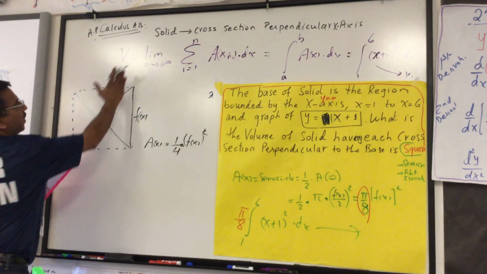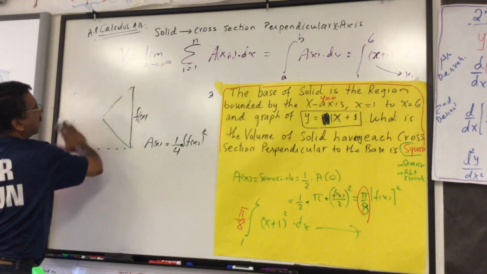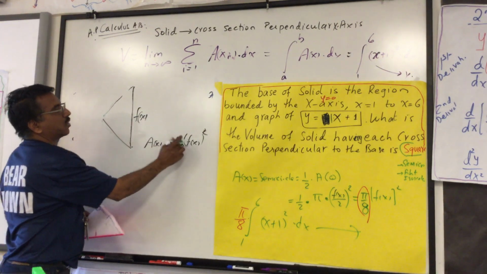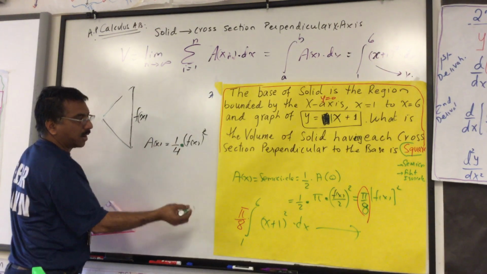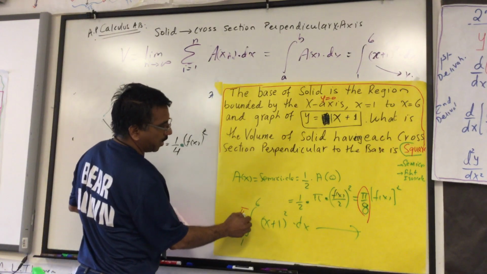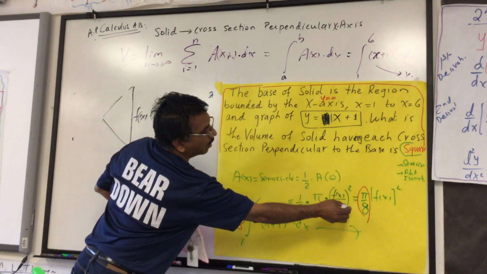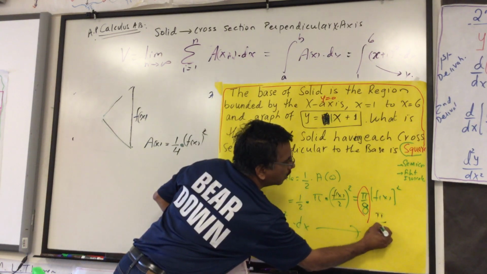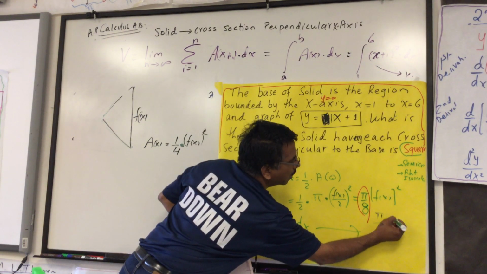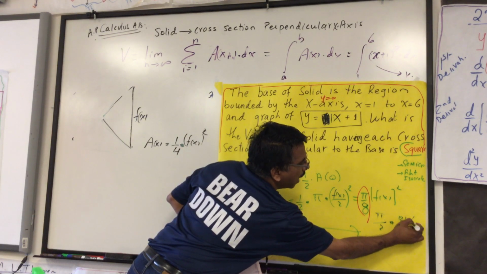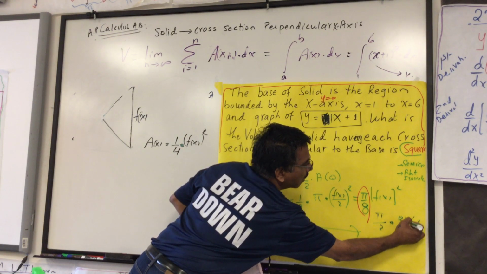We need only one of them, so it is 1/4 of the square. Only for the semicircle it becomes pi over 8 of the square, or basically pi by 2 times the right isosceles triangle.